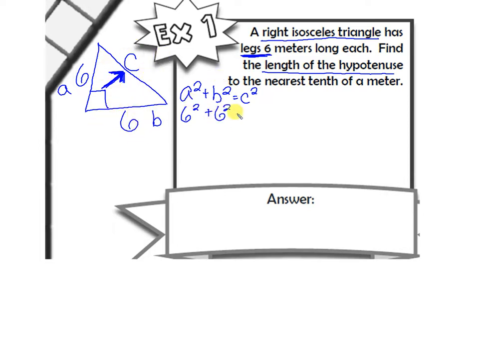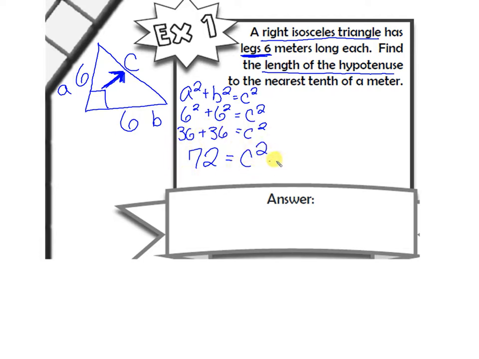I don't know what C is, so I'm going to leave it C squared. And I can type this in my calculator. 6 squared is 36, plus 36 equals C squared. 36 plus 36 equals 72. So 72 is equal to C squared.